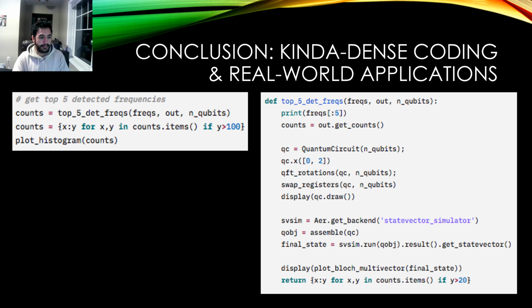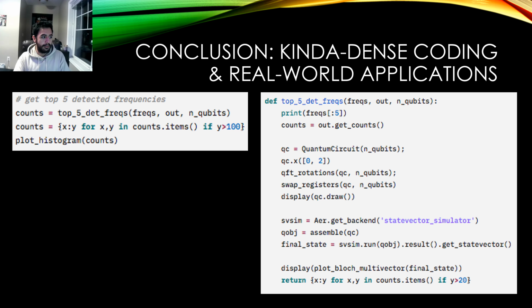So there's that. And then secondly, on the right here, you'll see the function that we made called top 5 detected frequencies. And so this just took 3 parameters based on the trial, and then we printed out the frequencies that we found, got the counts, assembled the circuit, drew the circuit, and then output the final state qubits, and then returned counts with a filter.